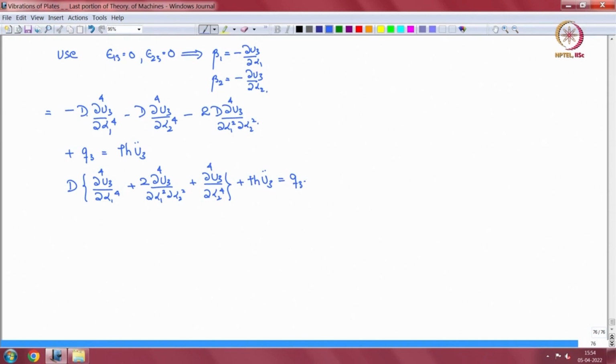And in our familiar form, let me once write it: ∂⁴w/∂x⁴ + 2 ∂⁴w/∂x²∂y² + ∂⁴w/∂y⁴ + ρH ∂²w/∂t² is equal to either 0 or Q3, whichever. So that's the partial differential equation.